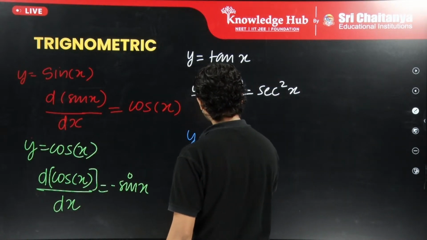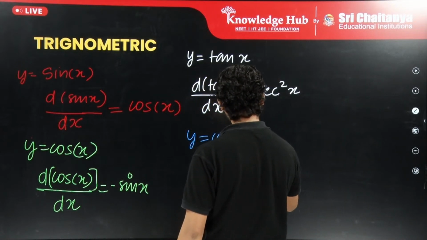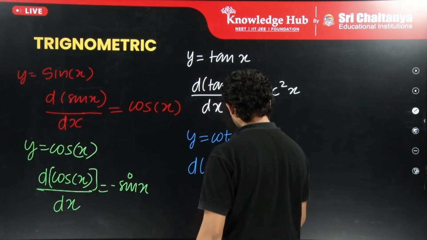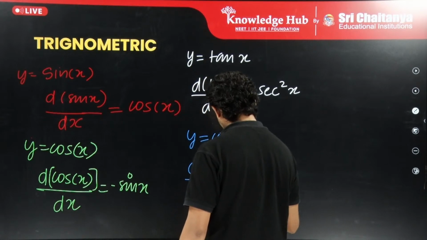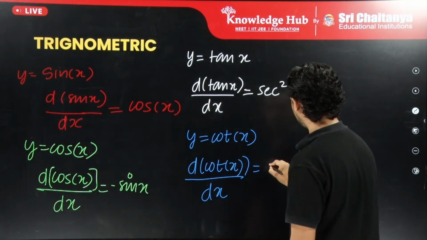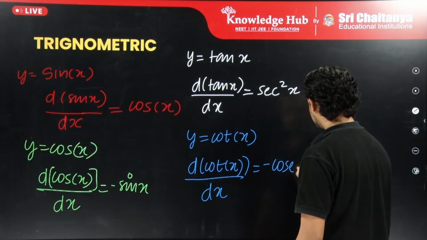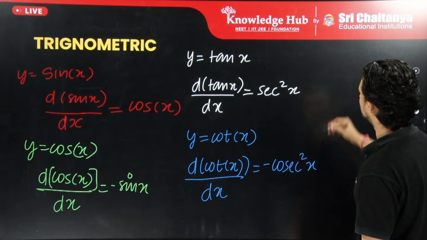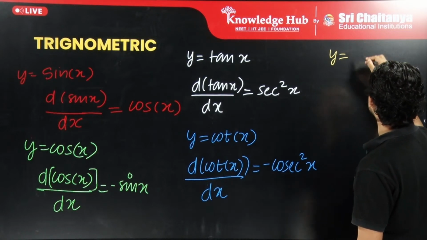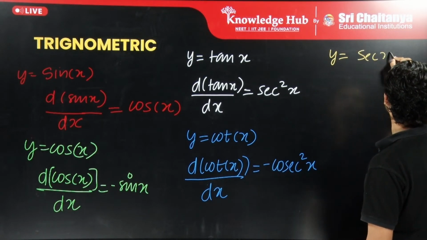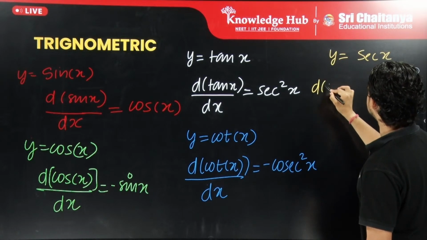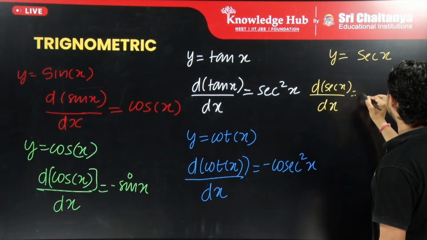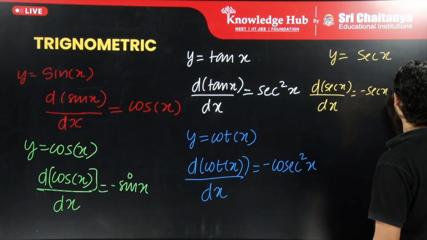Differentiation of cot x with respect to x is equal to minus cosec square x. y equals sec x. So differentiation of sec x with respect to x is sec x tan x.